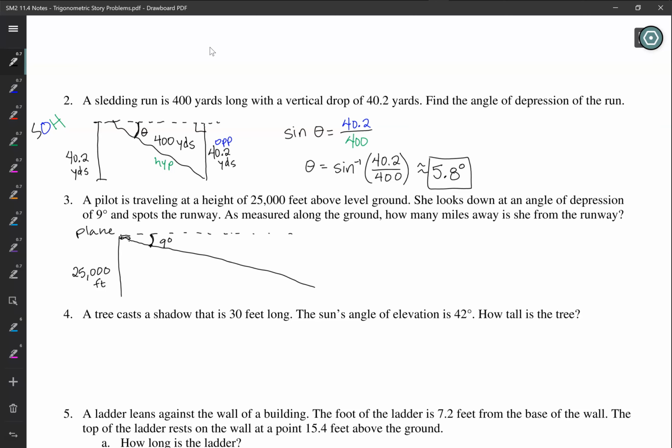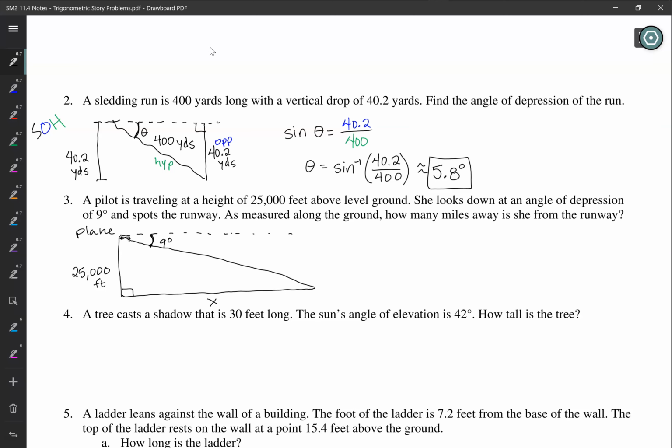So straight ahead is horizontal, measure down from there 9 degrees. And you want to know how far away from the runway along the ground is she. So along the ground, we're looking at X.